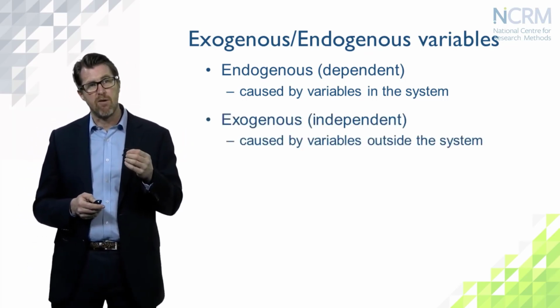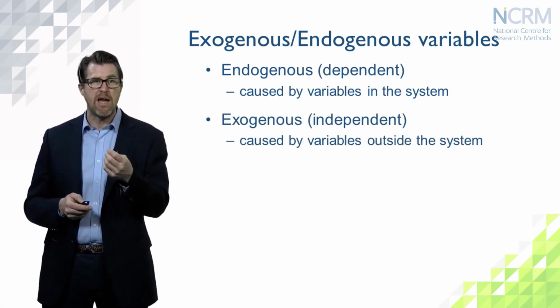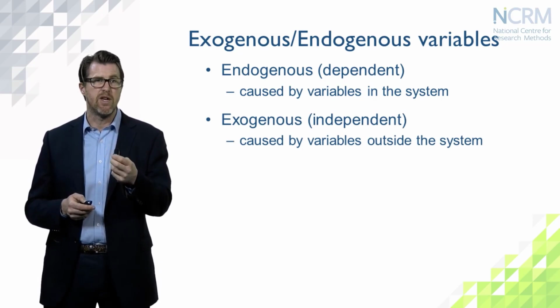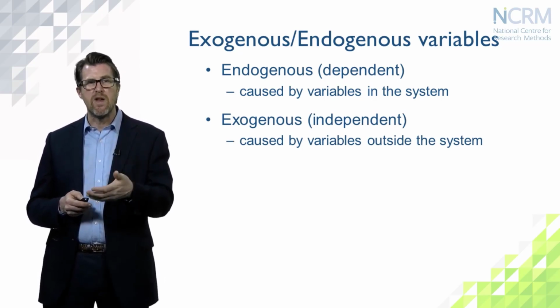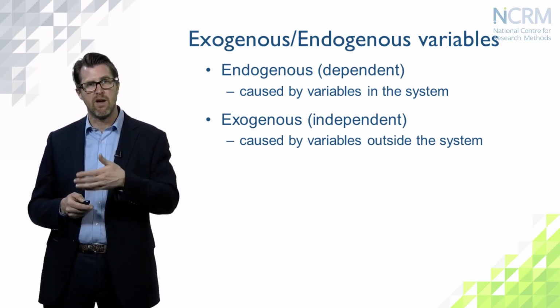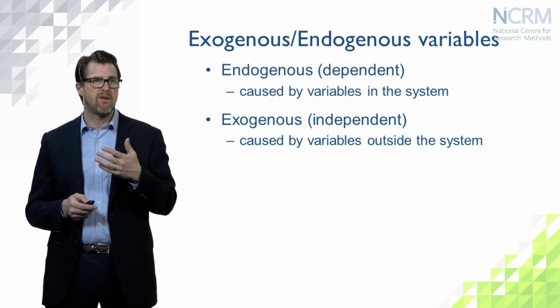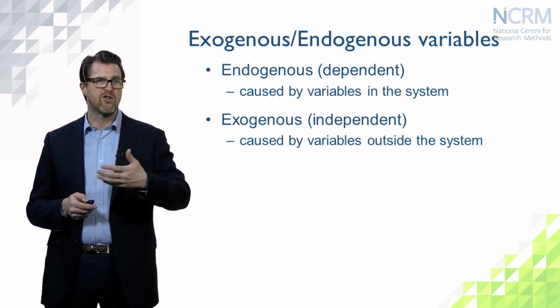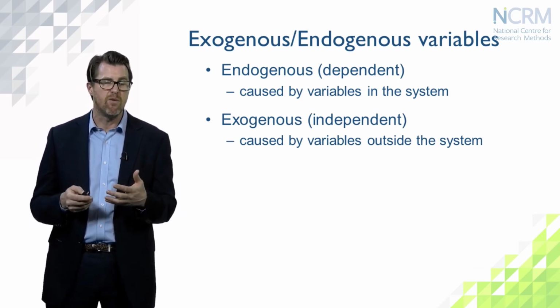An exogenous variable, on the other hand, is akin to an independent variable in that terminology. It's a variable that is not caused by anything within the system of equations that we are presenting as our SEM. That doesn't mean to say that we believe that exogenous variables are in some sense not caused by any other variables.